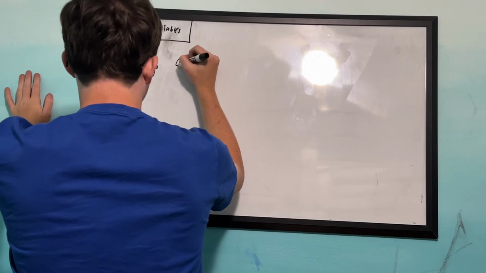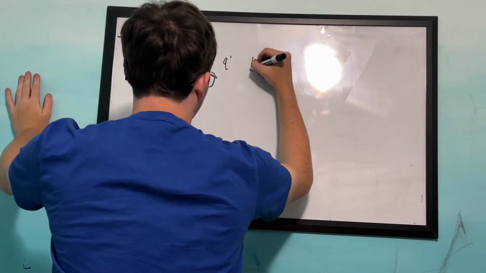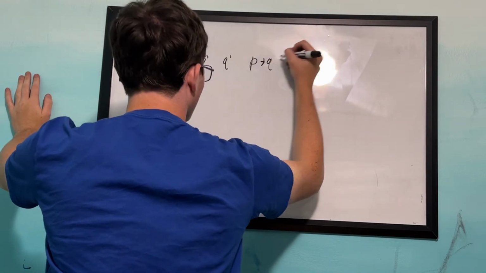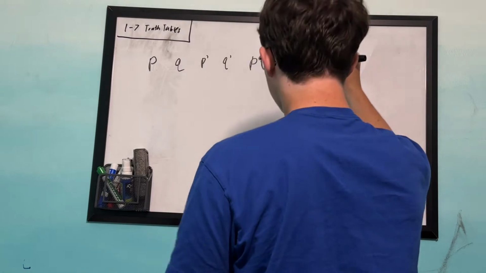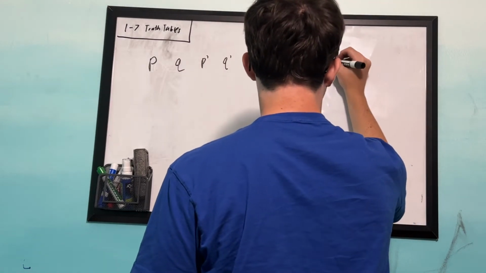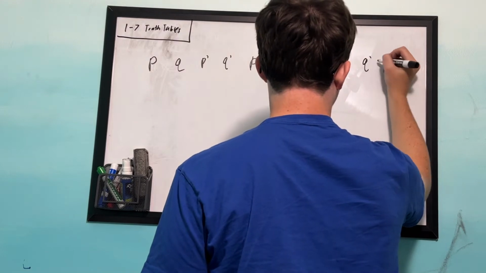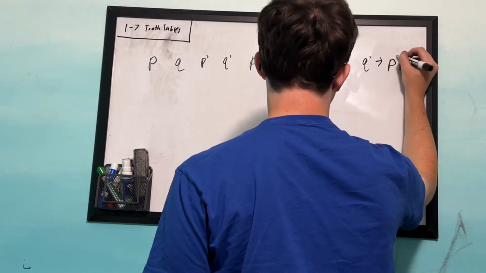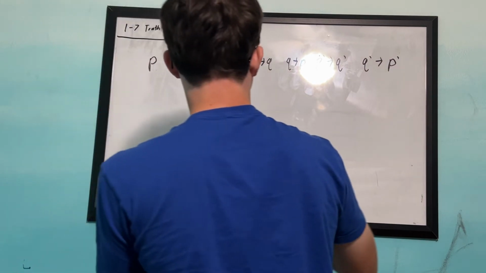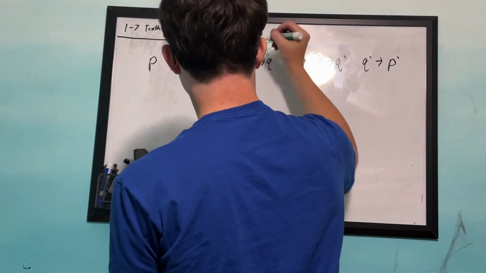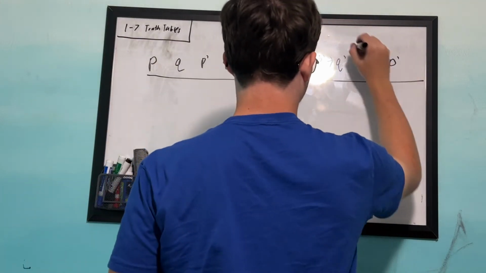P, Q, not P, not Q. And I'll draw a little arrow to show what we're trying to figure out is equal to this, at least logically equal.